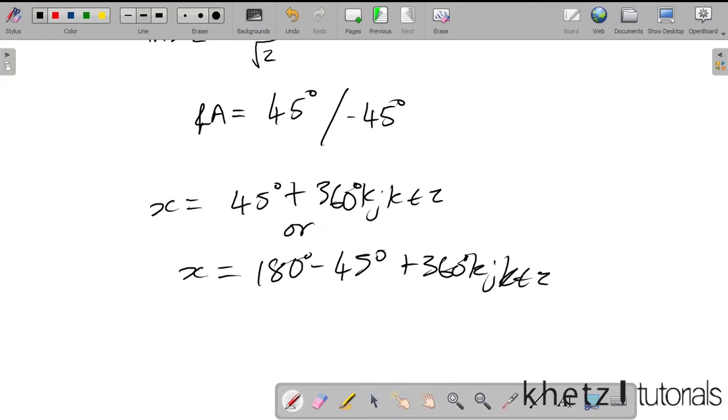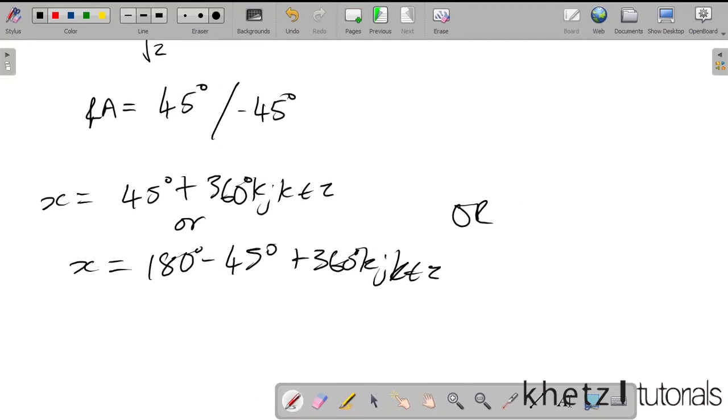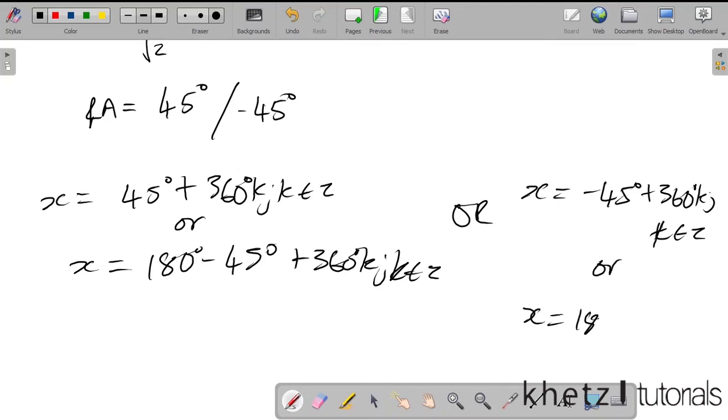And now on this side, we're also going to have the or, which covers the negative side. And that's going to say x is equal to negative 45 degrees plus 360 degrees k, where k is an element of all integers, or x is equal to 180 degrees subtract that negative 45 degrees plus 360 degrees multiplied by k, k is an element of z.